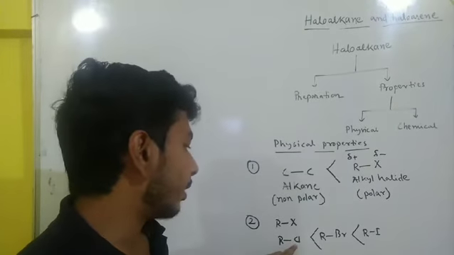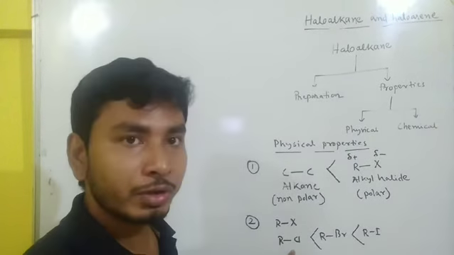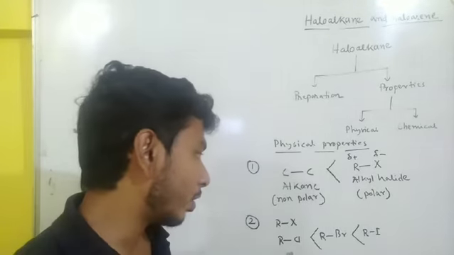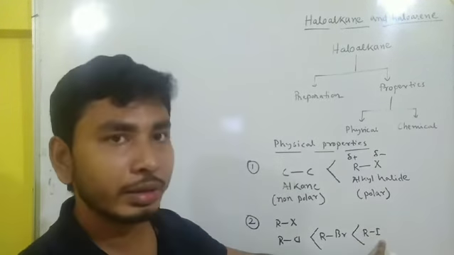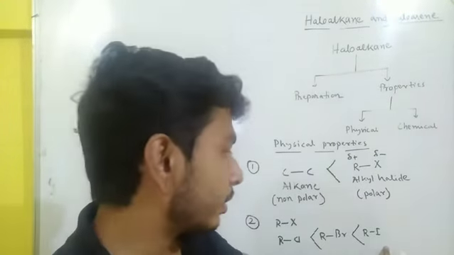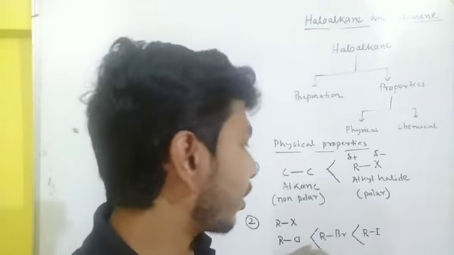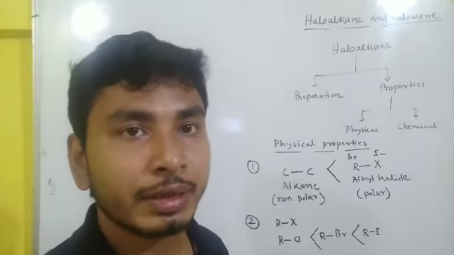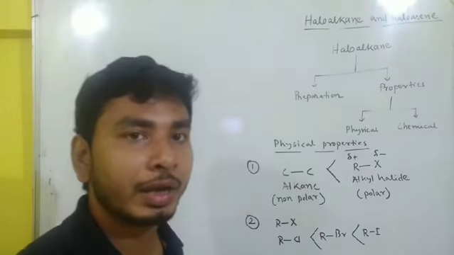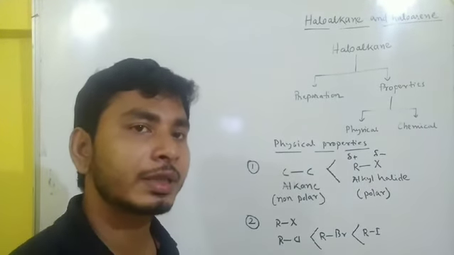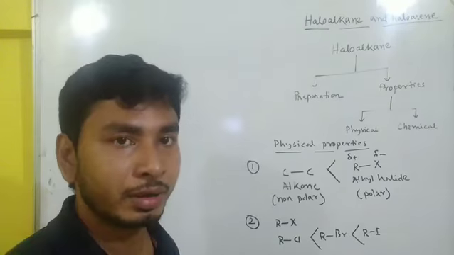Iodine has a higher molecular mass than bromine, and bromine has a higher molecular mass than chlorine. So their boiling points will be in the order RI, RBr, RCl. RCl has the lowest molecular mass, so its boiling point is lowest. RI has the highest molecular mass, so its boiling point is highest. So boiling point increases with increase in molecular mass if the alkyl group is the same and the difference is in the halogen part.